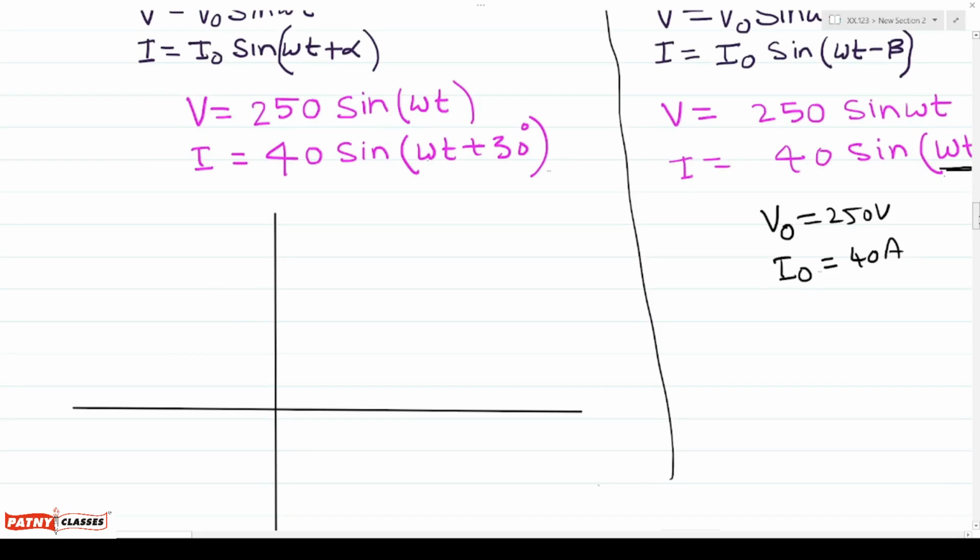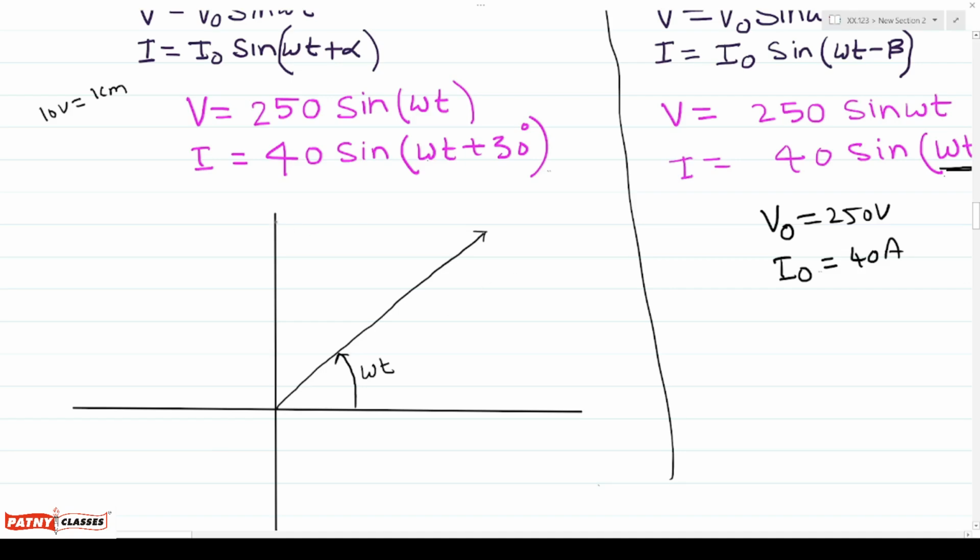For that, we have to assume here are the 250 volts. So let us take 10 volts equals 1 centimeter. We need to draw this line. So 250 volts can be drawn with a length of 25 centimeters, making an angle of omega t in the anti-clockwise direction.